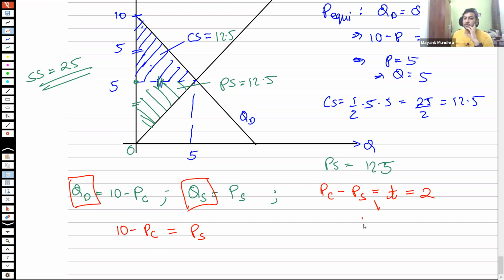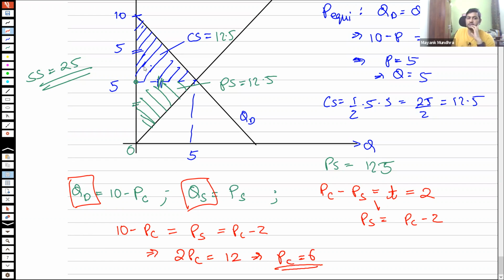Now PS from here is PC minus 2, which implies twice PC must be equal to 12, which implies PC must be equal to 6. Which implies supplier price must be equal to 4.